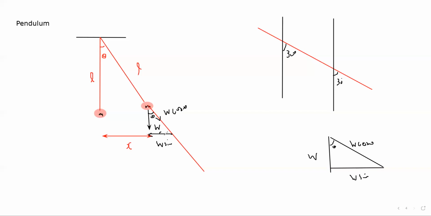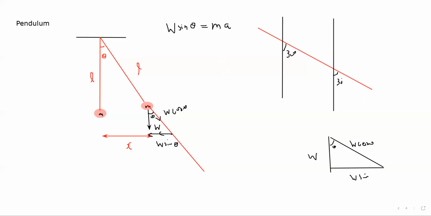So here the component which is responsible for its motion towards the mean position is W sin theta. So we can say W sin theta is the one which is responsible for its motion towards the mean position, or W sin theta is the resultant force for vibratory motion. So we can say W sin theta is equal to MA.